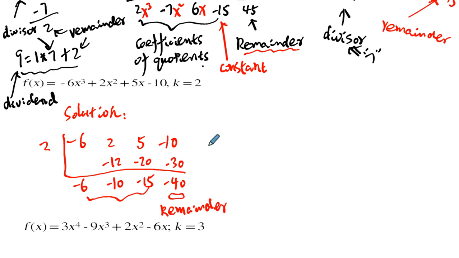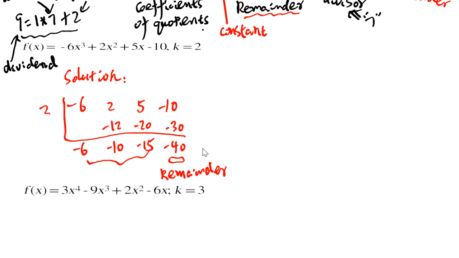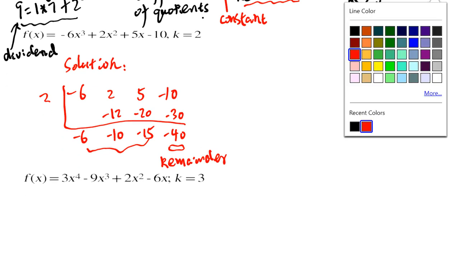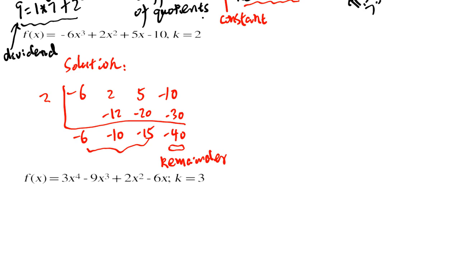All right. So let's write down our expression in black this time. That will be f of x. This time x minus k is 2, so you do x minus 2.